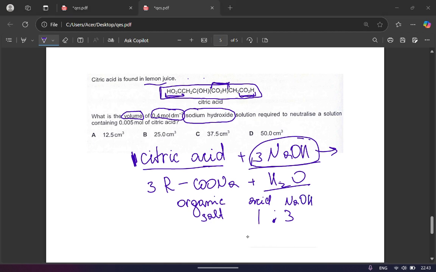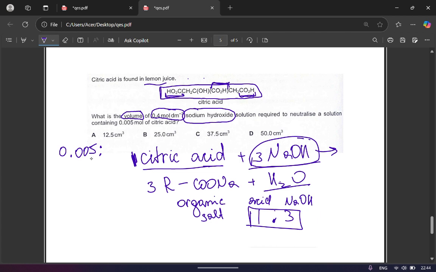So now, in order to find the number of moles of sodium hydroxide, we have to use this molar ratio.